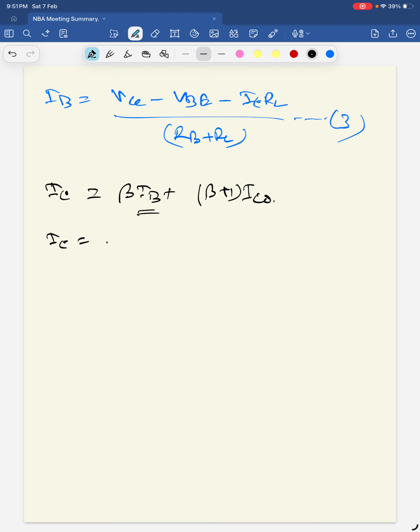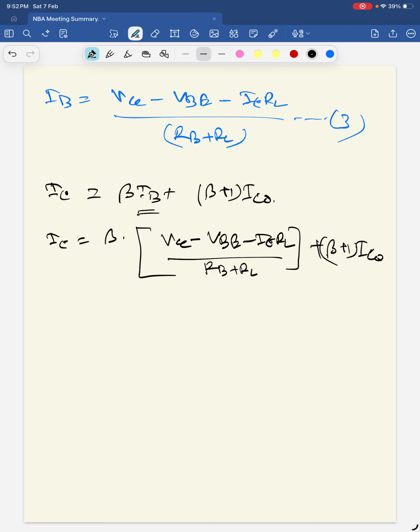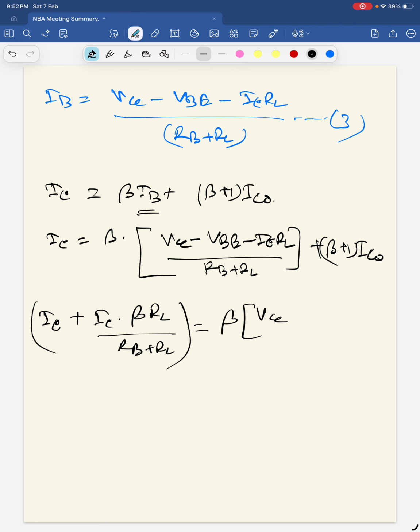IC is equal to beta into this big expression, VCC minus VBE minus IC RL divided by RB plus RL, then plus beta plus 1 into ICO. Now IC is here and IC is also there, so we have to take IC common. Moving it to the left side, the minus becomes plus: IC into beta RL divided by RB plus RL. On the right side, beta into VCC minus VBE divided by RB plus RL as it is, then beta plus 1 into ICO as it is.